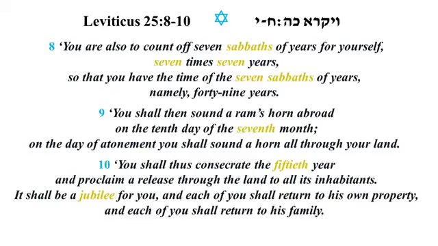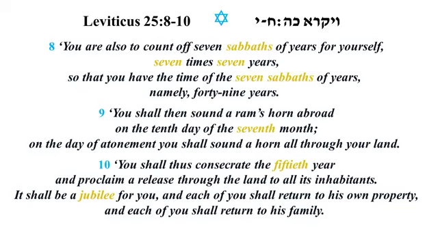Now, in verse 8 it says, you are also to count off 7 Sabbaths of years for yourself, 7 times 7 years, so that you have the time of the 7 Sabbaths of years, namely 49 years. You shall then sound a ram's horn abroad on the 10th day of the 7th month, Yom Kippur.